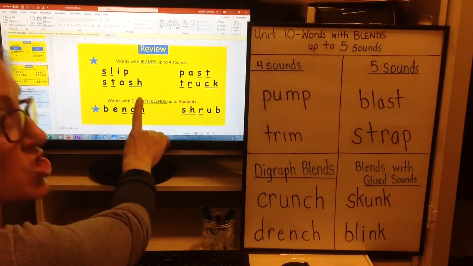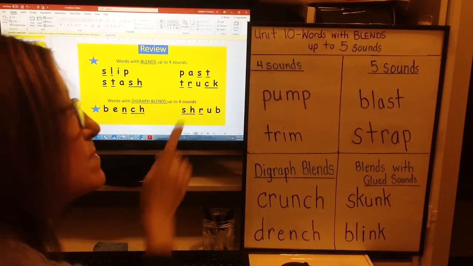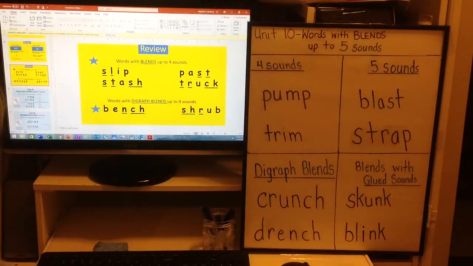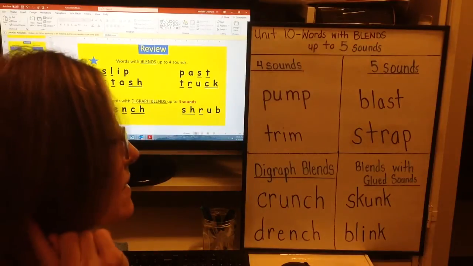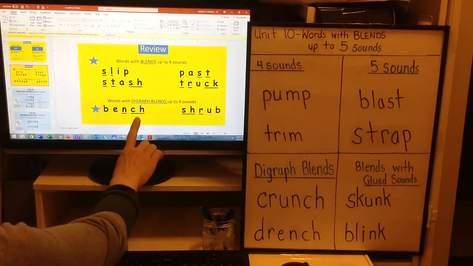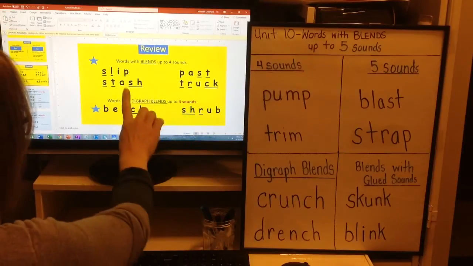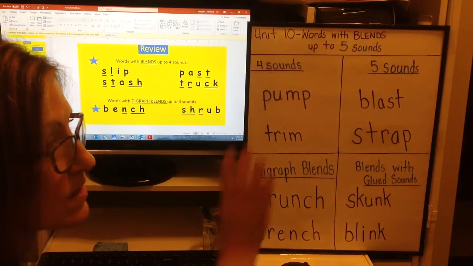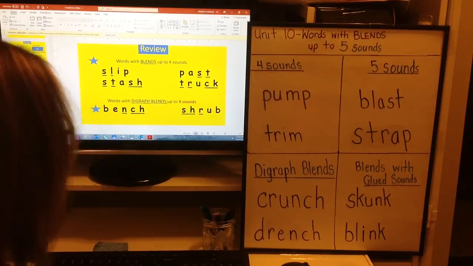Very good. Shh. That's right. What sound does the digraph CK make? Very good. K. What sound does the digraph CH make? That's right. Ch. So even though you see more than 4 letters in these words right here, they only make 4 sounds. And we're going to tap that out to prove that, okay?